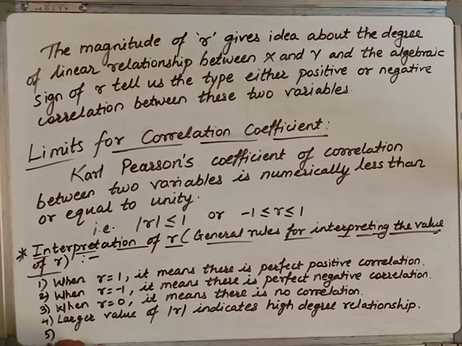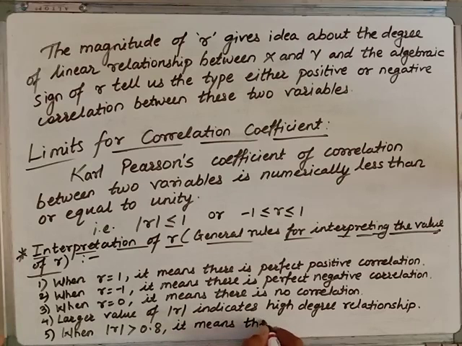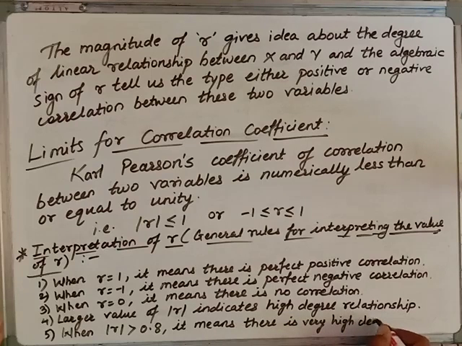While when mod of r is greater than 0.8, it means there is a very high degree of correlation.